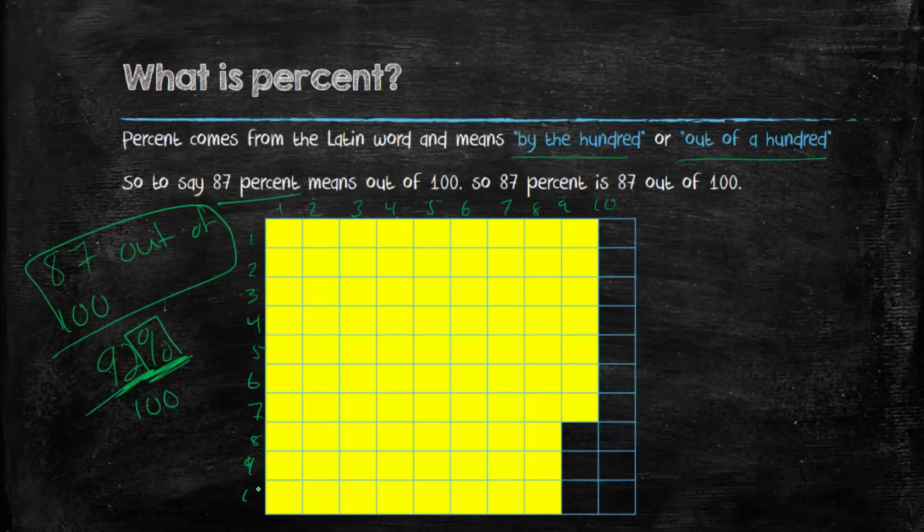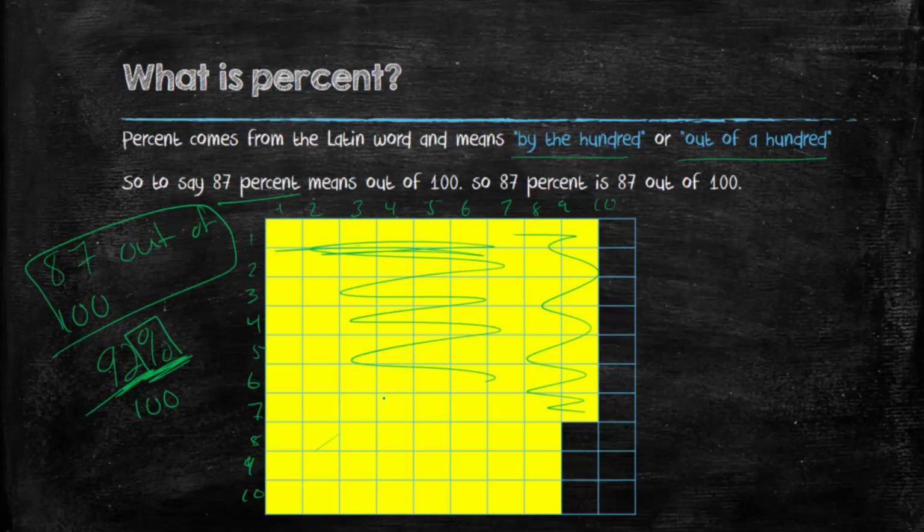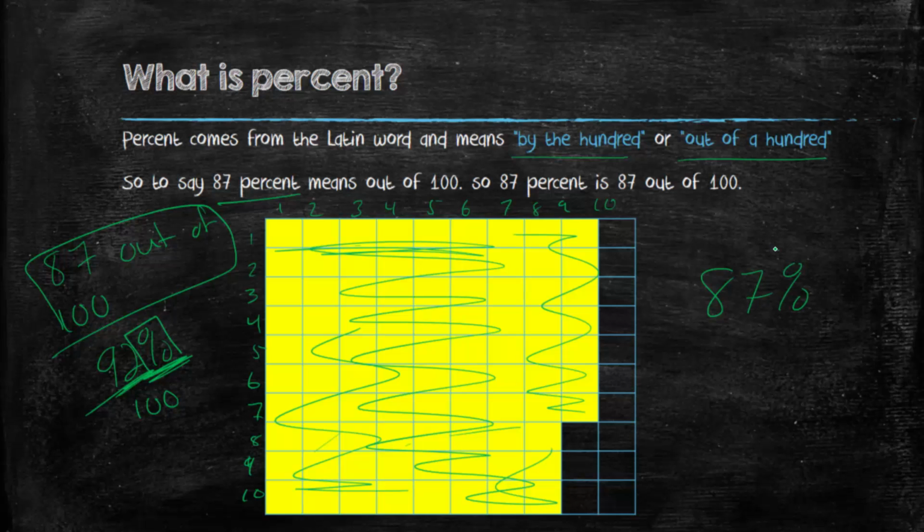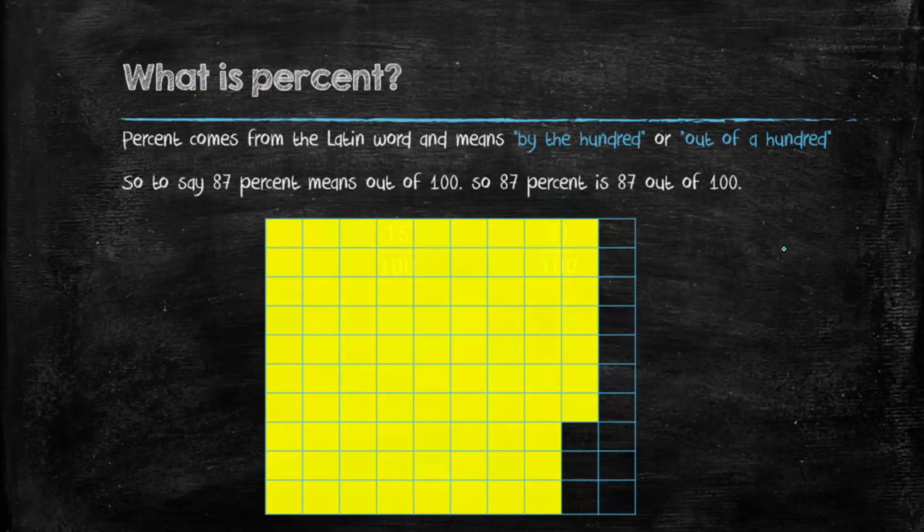And obviously, as you know, 10 by 10 is 100 squares. So this whole thing is 100 squares, but only 87 squares are highlighted in yellow. And here I am highlighting it in green. So only 87 are highlighted. So 87%. So that's the visual representation and the numeric representation of 87%.